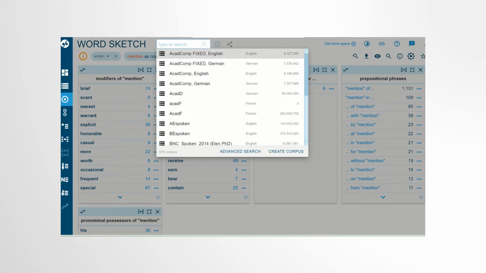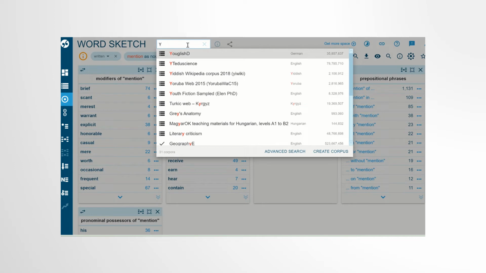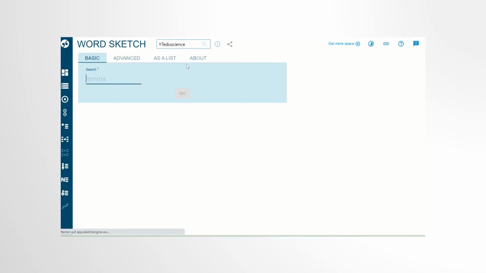Now, intuition might tell us that things might be entirely different in the spoken academic corpus.